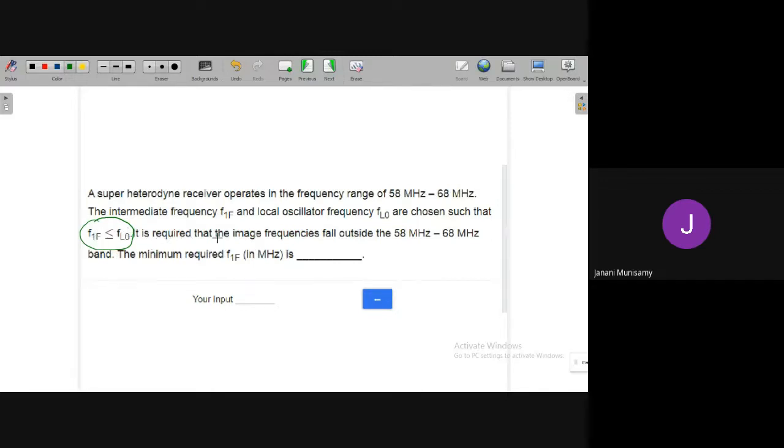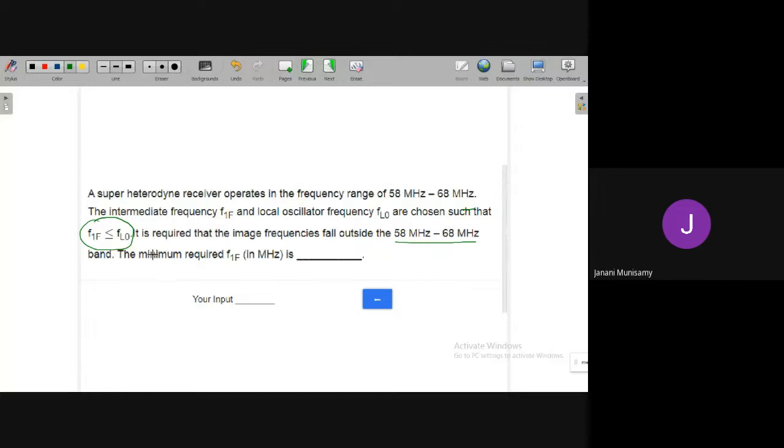So it is required that image frequency must fall outside the band. In general, whatever may be the receiver, for a superheterodyne receiver, whatever may be the station frequency range, usually we have taken the AM range, but here they have given some other range. But image must fall outside this band.